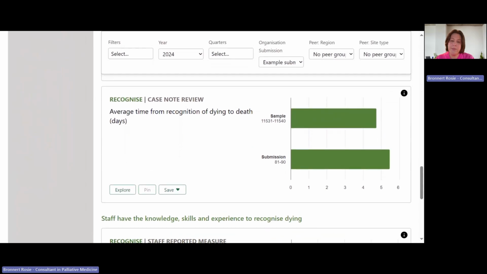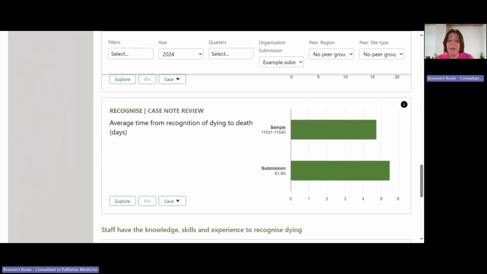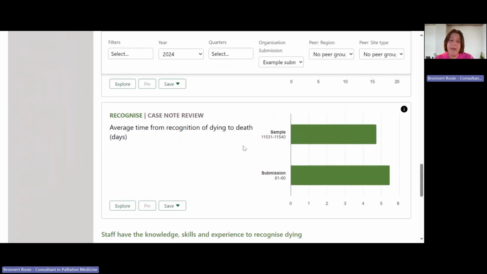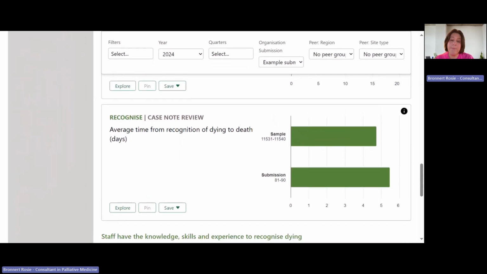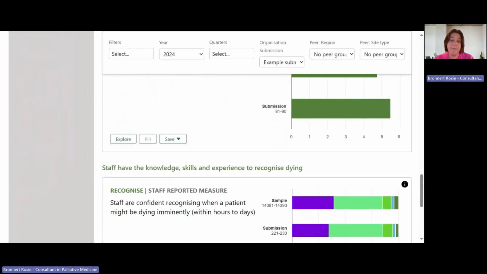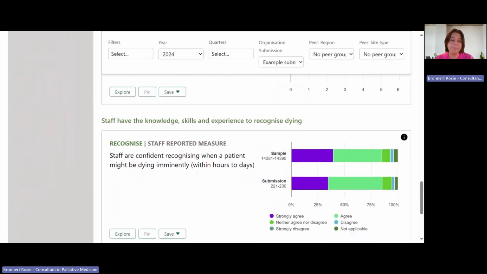So this will be something to keep an eye on, and it may be an indicator that looking at those people who come through the front door is an area to focus on, because it may be that there are issues relating to how sick people come into hospital and questions about whether their care could or couldn't be managed in a different place.